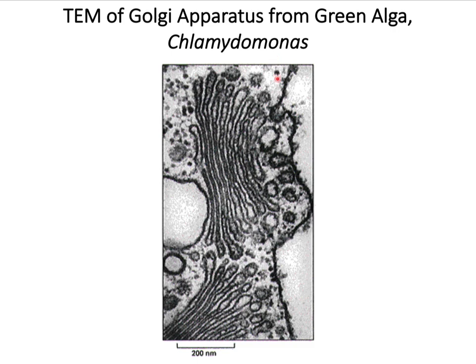You can see very clearly the well-developed flattened stacks right here. This is the cis face of the Golgi, and this is the trans face. And you can see these are the vesicles which bud off a cisterna and move on to the next one, into different stacks from the cis to trans face.